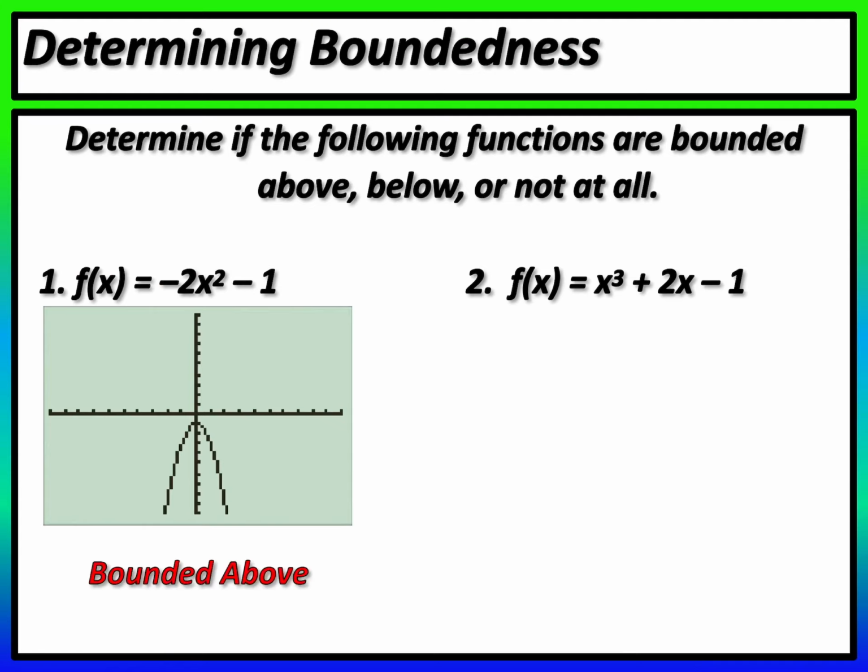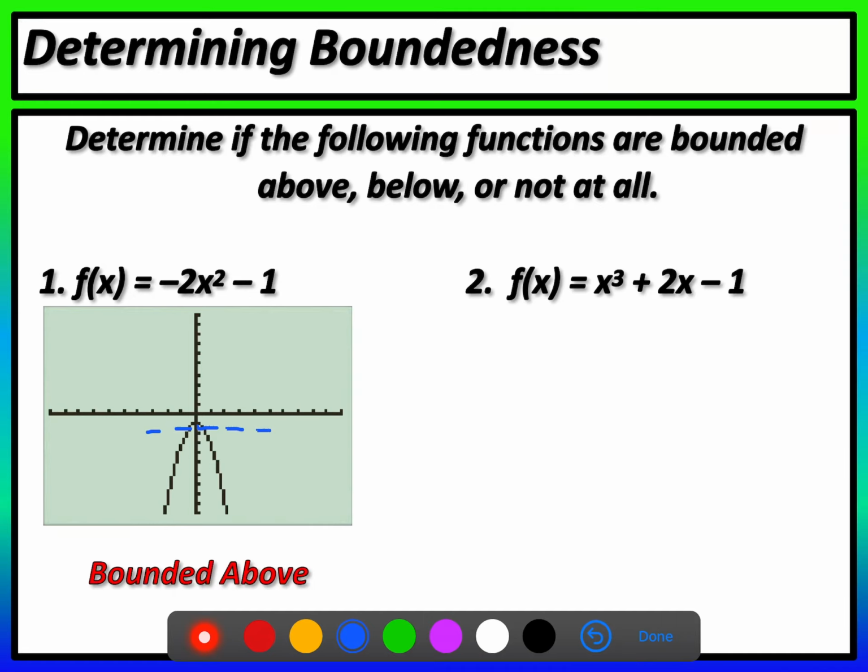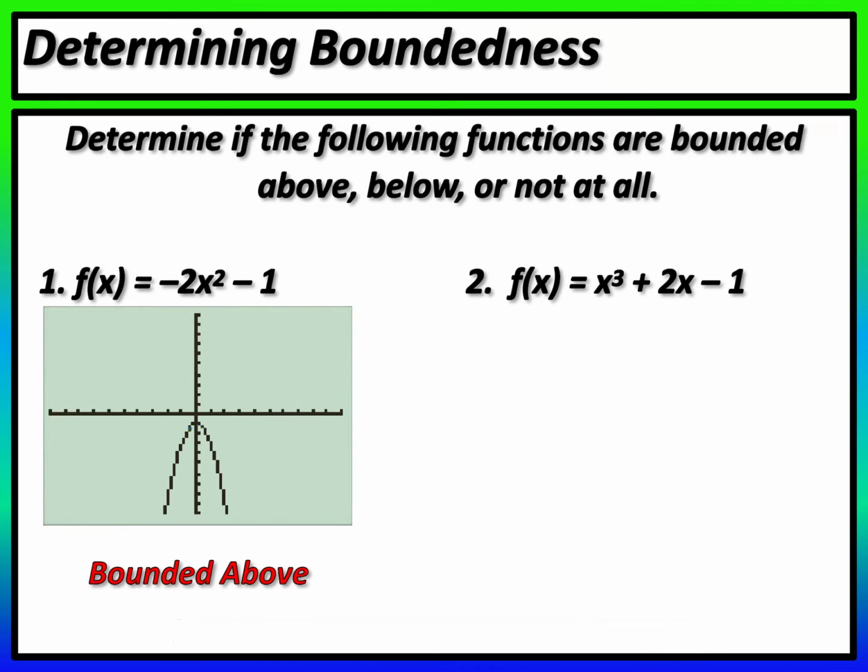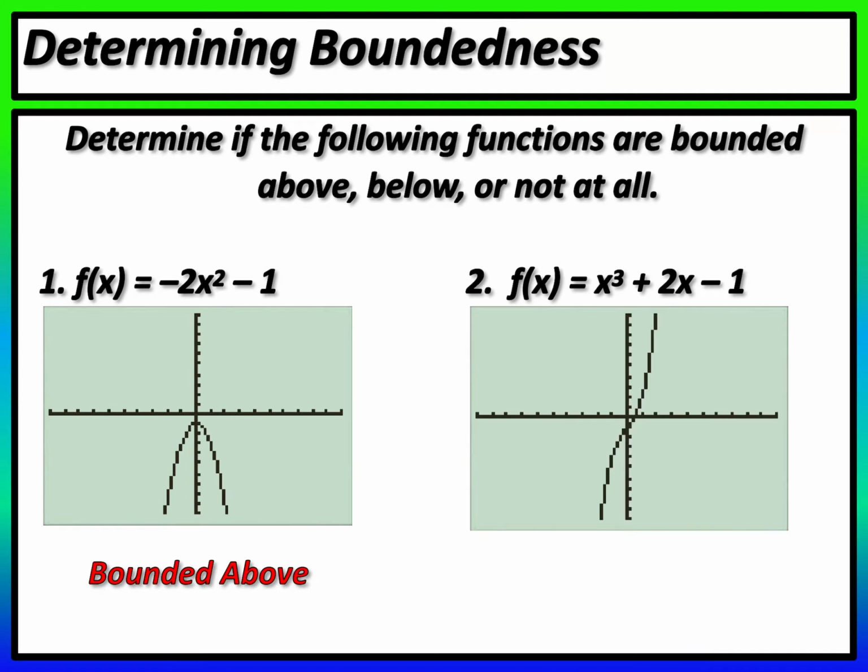Okay, so this graph happens to be bounded above. So we see that the function cannot go any higher. Okay, it appears to have a ceiling. Okay, number 2, that's a cubic function. So if you plug that into your grapher, you're going to get something that looks like this.